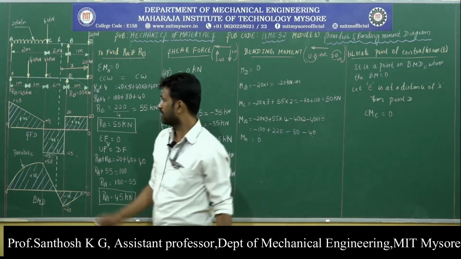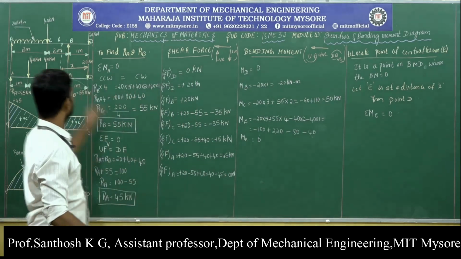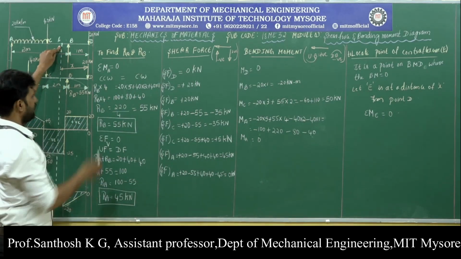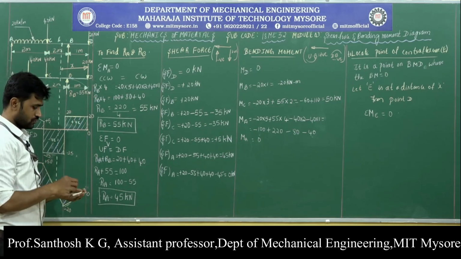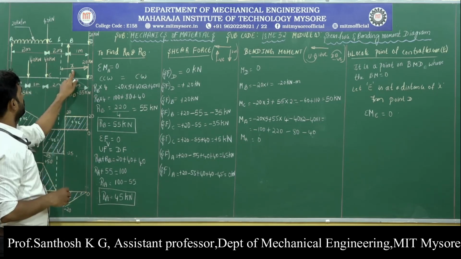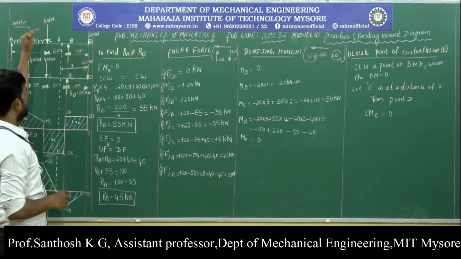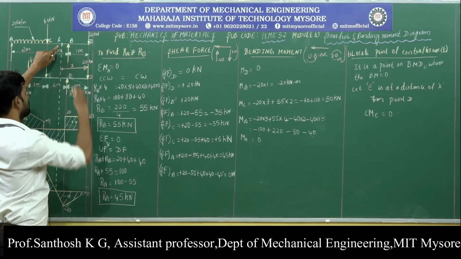So we can try to take the moment at point E and we shall equate it to 0 in order to get the value of x, because the moment at point E is 0.